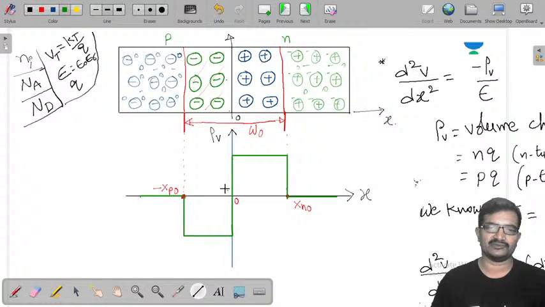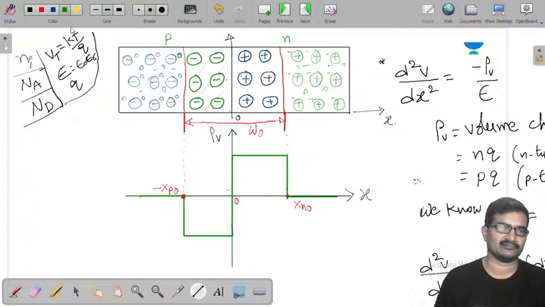Okay, abrupt junction. As you observed, it seems to be a step size, like a step graded junction.